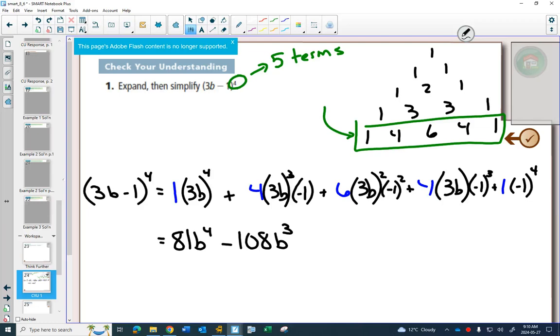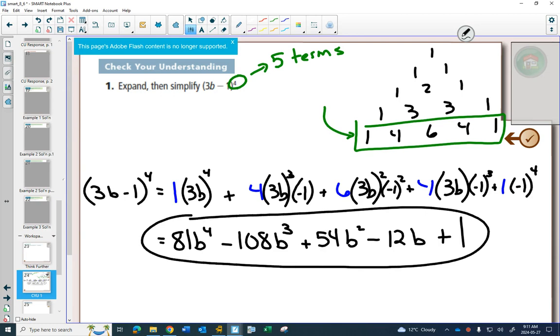Negative 1 squared is positive 1. 54 times positive 1 is plus 54 b squared. 4 times 3, negative 1 cubed is negative, so this will be minus 12b. And finally, negative 1 to the 4 is positive 1 times 1, plus 1.